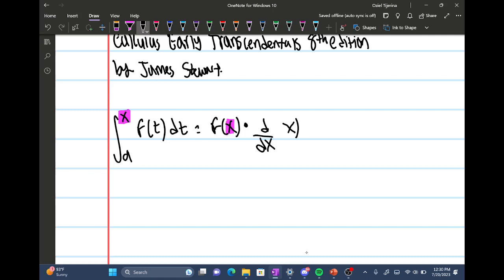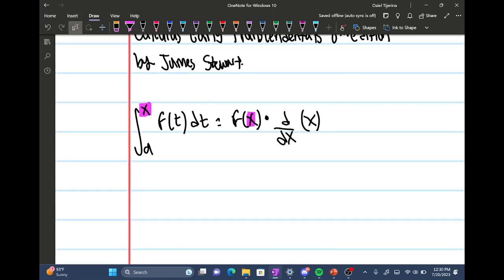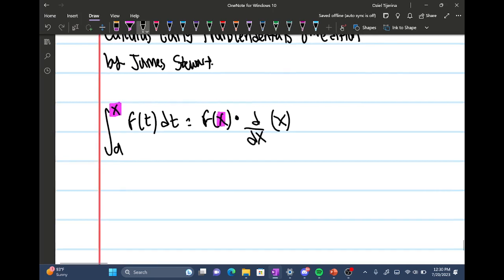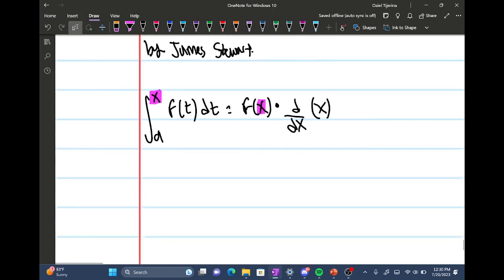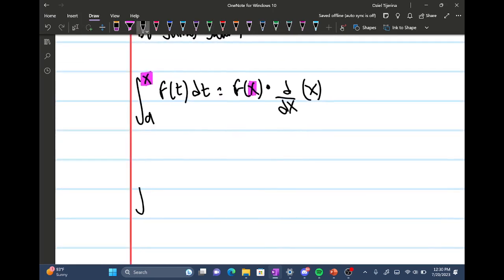The way they explain it in the book, guys, is that the integral from a to x of f of t dt is equal to f of x. That's really how they say it. I'm pretty positive that's how they say it.